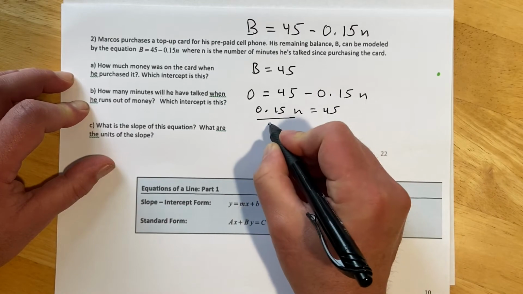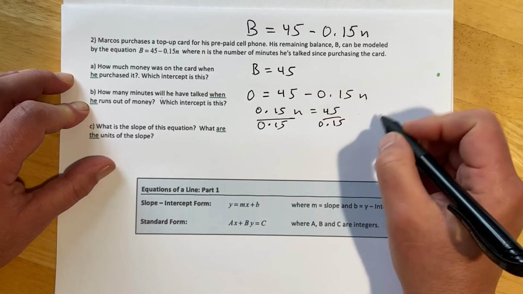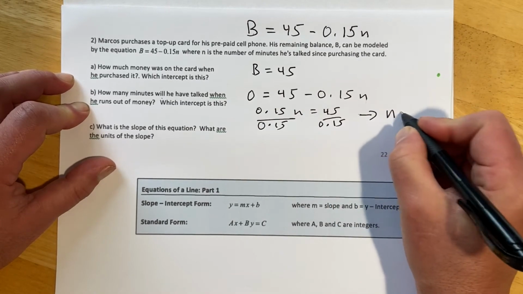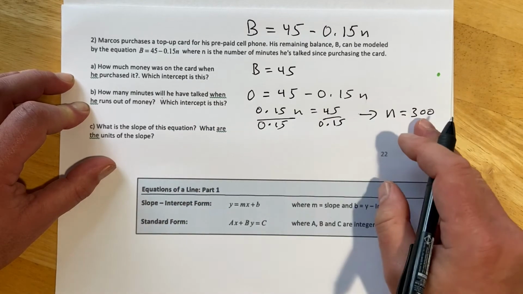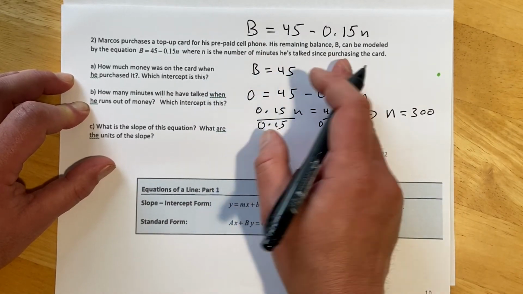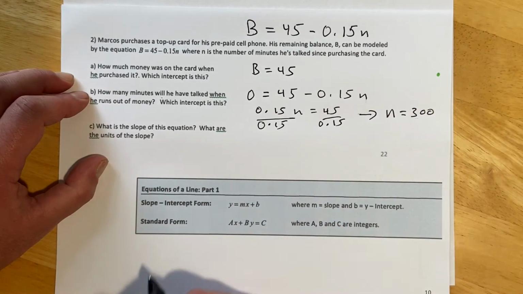Now divide out the 0.15. And then I'll sneak over this way. n equals 300. And so that would be the n-intercept, which is the number of minutes he's talked since purchasing the card. So that means he could talk for 300 minutes, right, before he runs out of money.